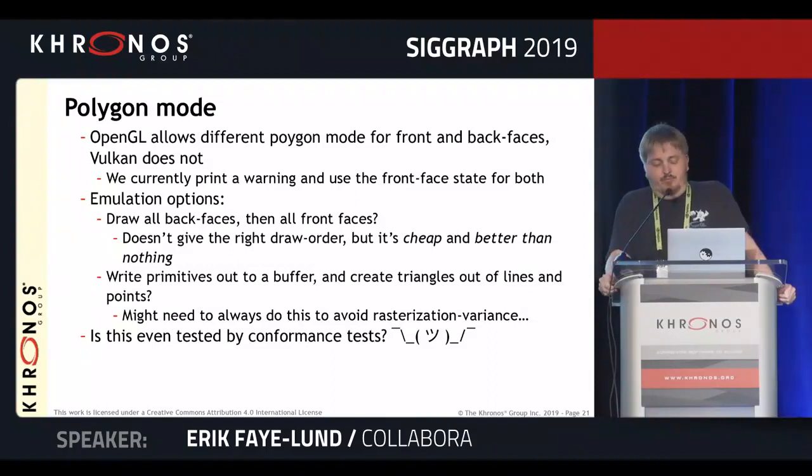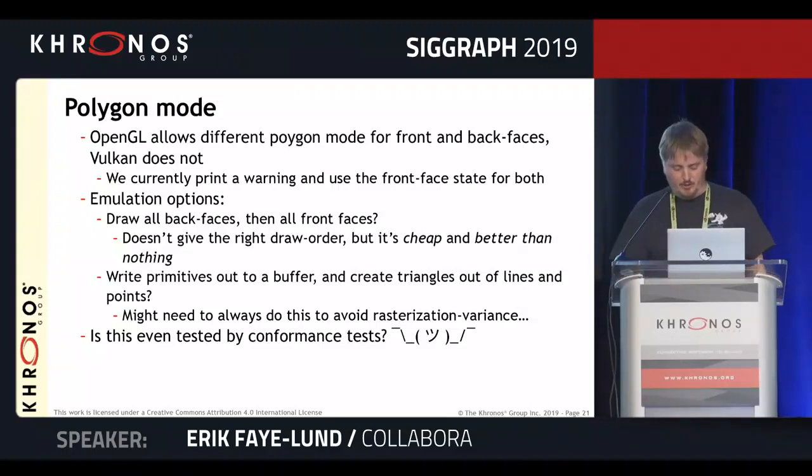We can maybe fake it a little bit and render all the back faces first and then all the front faces, something along those lines. It's not going to be great, it's not going to be correct, but maybe it works for some applications. I'm not sure. This is a pretty low priority thing for me.